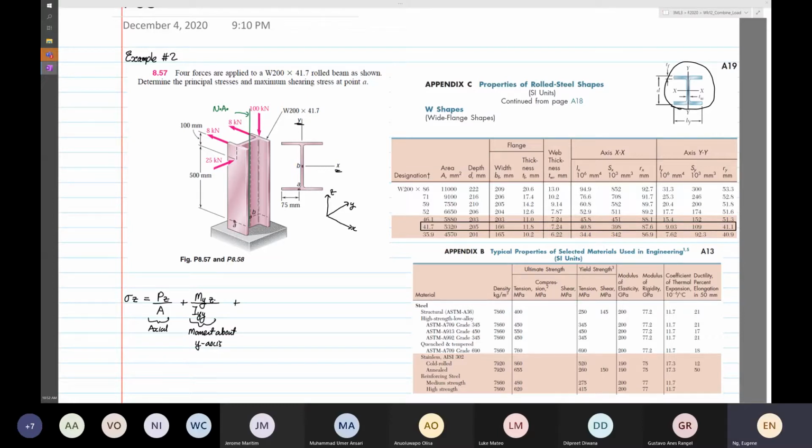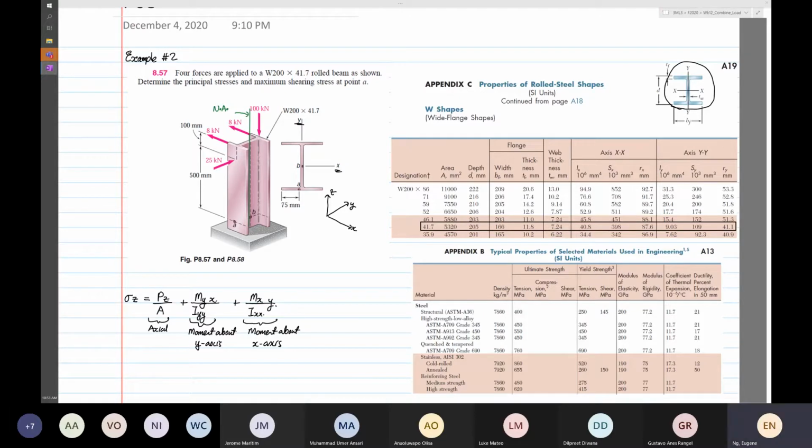And then plus, sorry, not Mz, Mx over Ixx multiplied by Y. I do apologize, this is also X. I'm so used to the other way around. So this is moment about the x-axis.